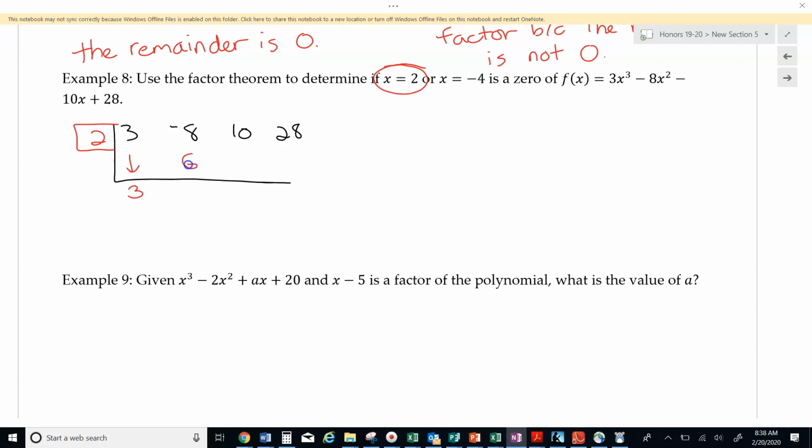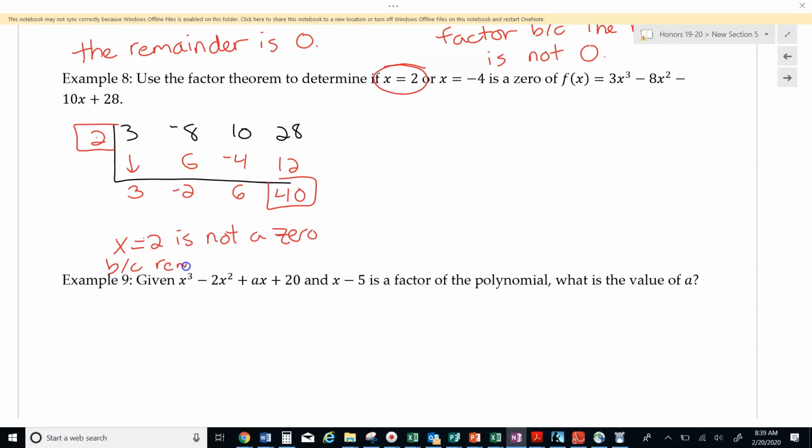3 times 2 is 6, which is -2. -4. I get 12, which is 40. So x equals 2 is not a 0.